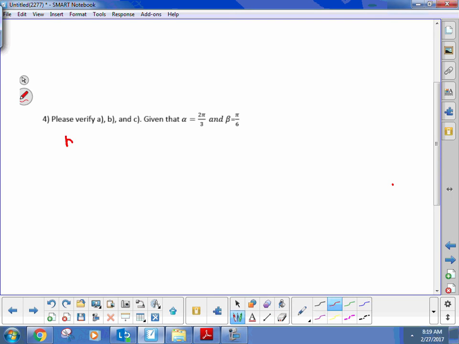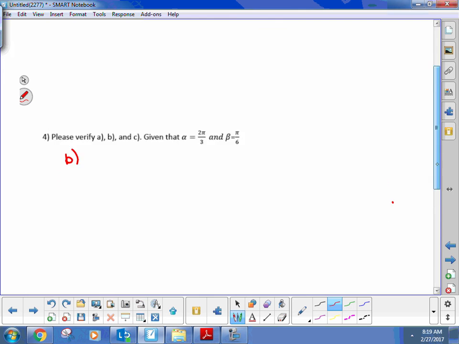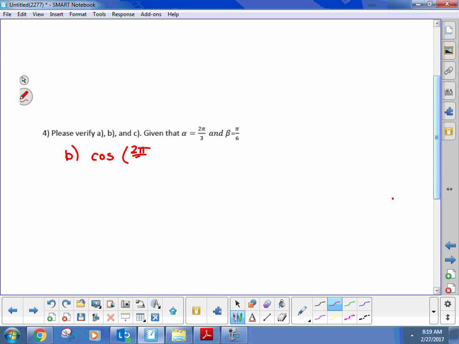All right, so B has it that we're going to be discovering what I think it's cosine minus alpha. No, cosine plus. Okay, so we're going to go ahead and find out when we take this angle, 2 pi over 3, and add it with pi over 6, what the solution comes out being. So we're going to discover the result of what cosine alpha times cosine beta minus sine alpha times sine beta is.